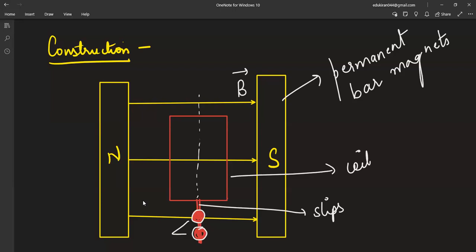They allow rotation. The way we have screws, but screws are fixed, they do not rotate once you fix them. These are like screws, you can relate, but they are movable. They also move. So these are slip rings. Two slip rings are attached. And finally, these slip rings are attached to what? This is known as an ammeter.